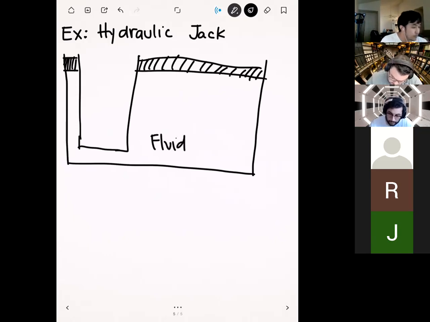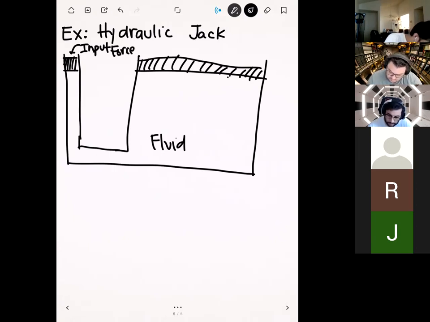Fluid's going to fill this cavity, and this is where you basically put your input. Normally with the jack, what you're aiming to do is put in some input force, and there's going to be some output force. Because of the design of the jack, there's going to be an amplification of the force that you put in. So this is where you put your input force.